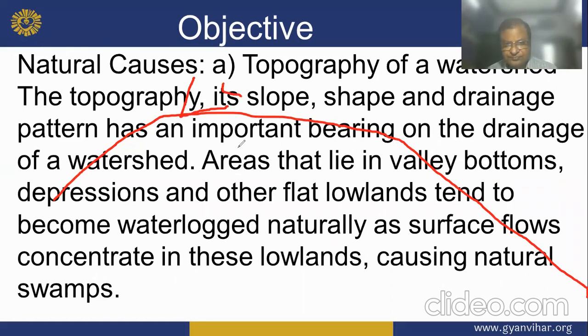Now, areas that are valley bottoms, depressions and other flat lowlands tend to become waterlogged naturally as surface flow concentrates in those lowlands, causing natural swamps.